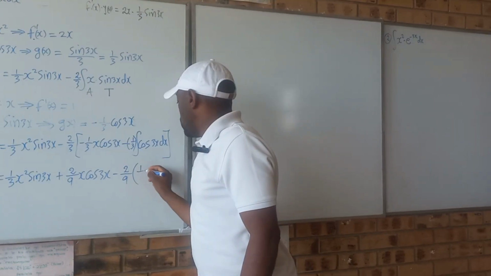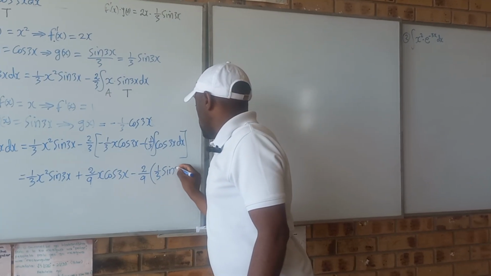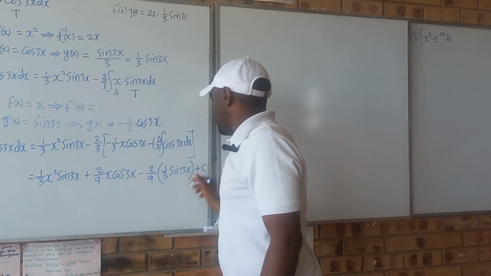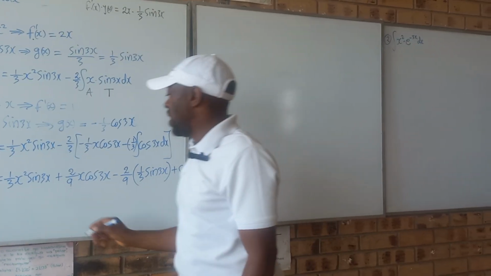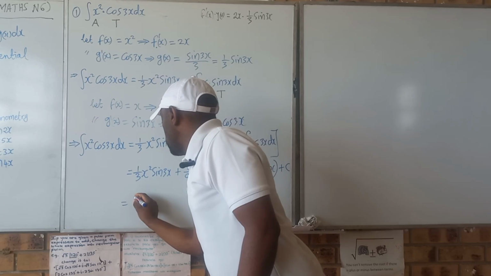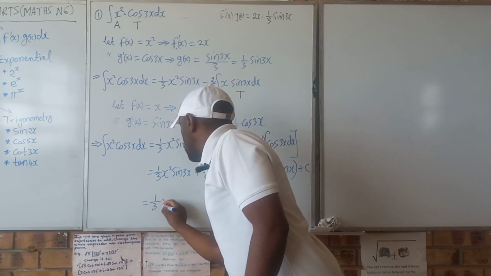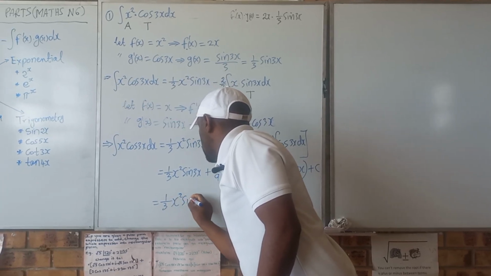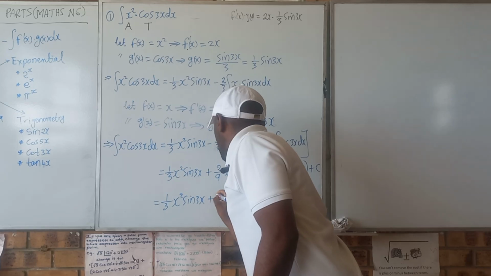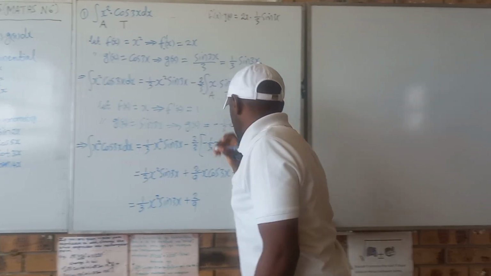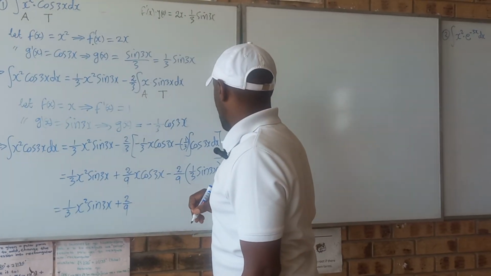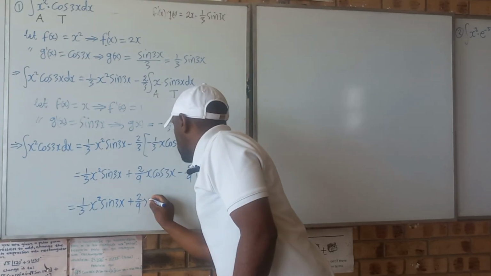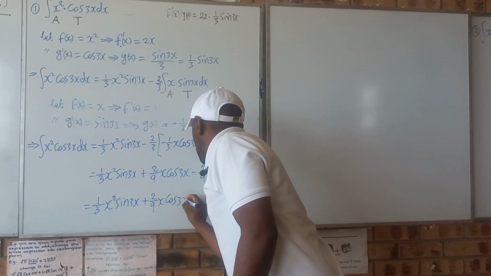So if I get 1/3 sine 3x plus c, then I can finally multiply that to see my final answer as 1/3 x squared sine 3x plus 2 on 9 x cos 3x.